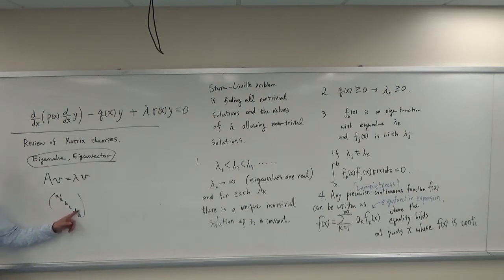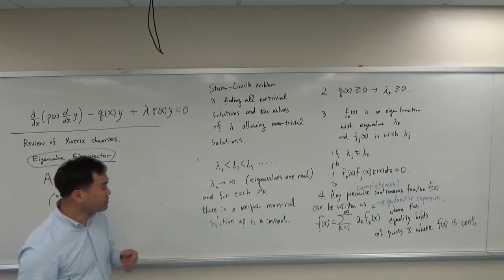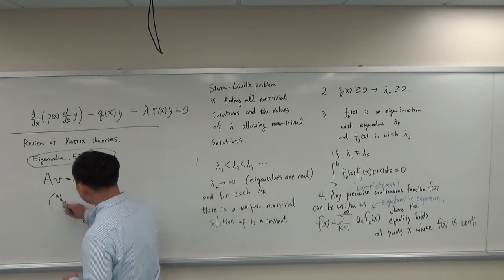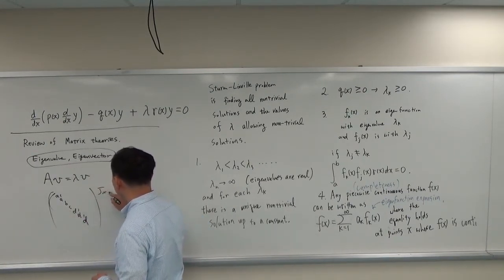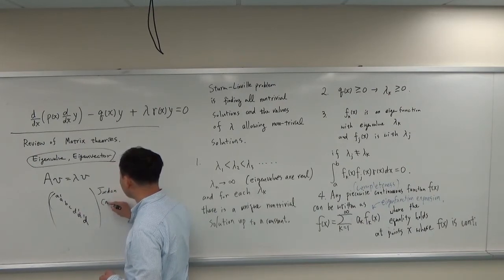You might have zeros, but in some cases you might have a 1 there. Or if there are 3 of them, you might have a 1, 1 here. That's the best you can do. So that's called Jordan canonical form.